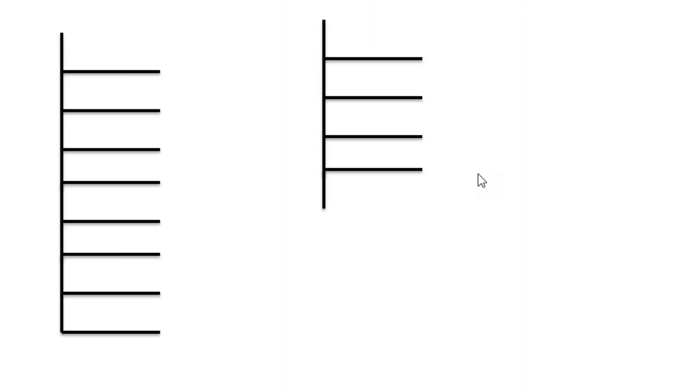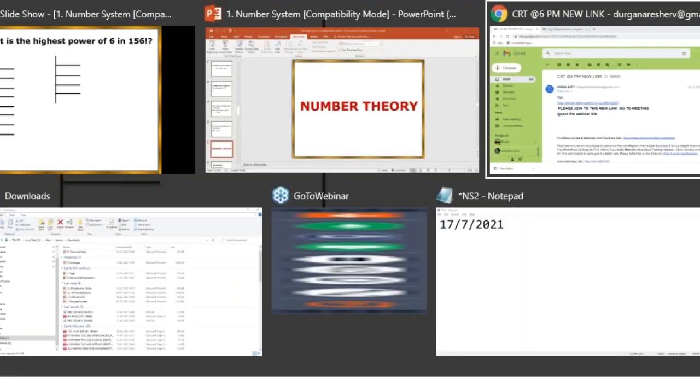Listen, don't use the previous method, used to find the highest power of 2 or the highest power of 3. Don't follow this method, because here there is a minor difference.